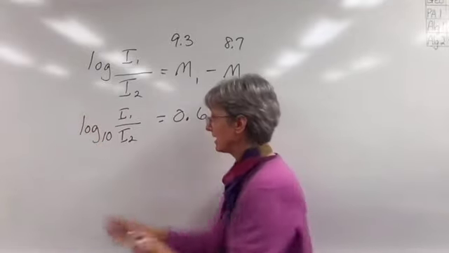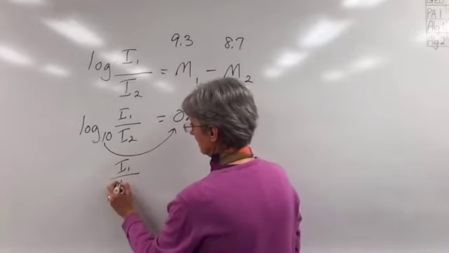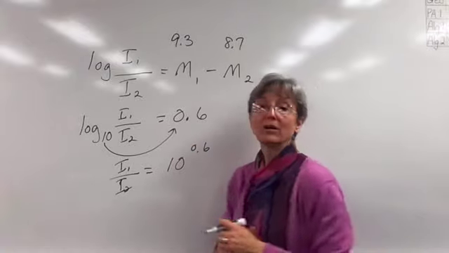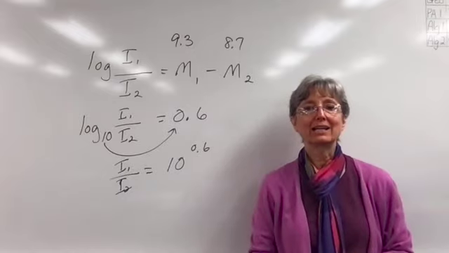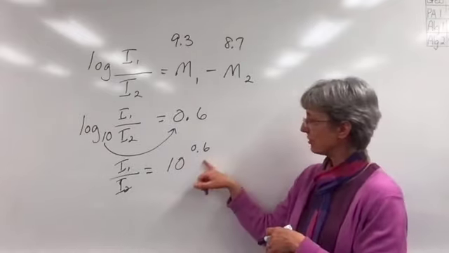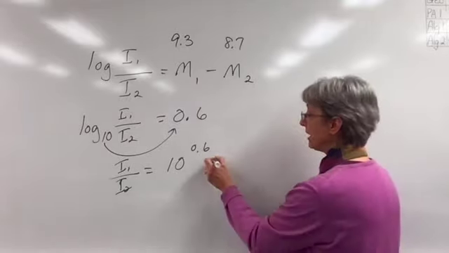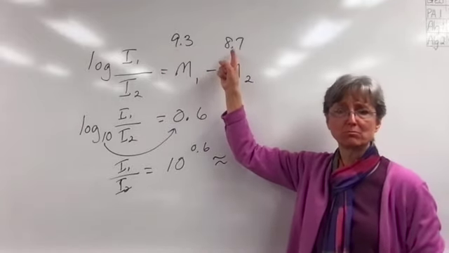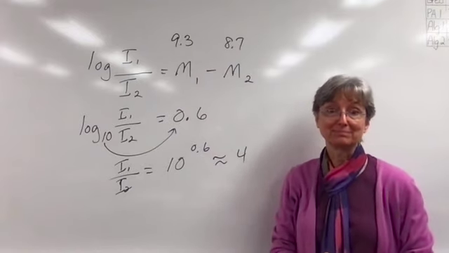Remember, I'm going to blow it up, and this 10 is going to come over here, and the difference in magnitudes is 10 to the power of 0.6. That's what I put in my calculator. Not my calendar, good grief, in my calculator. So put 10 to the power of 0.6, and you will get about 4, which means this is 4 times more powerful than that. Just hard to believe, but it is.